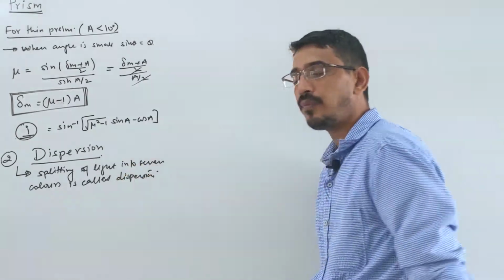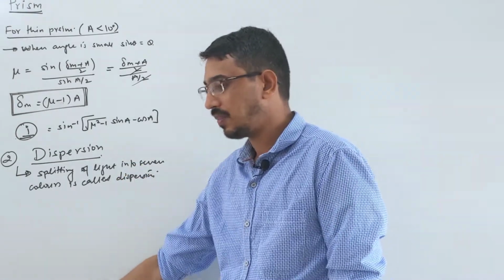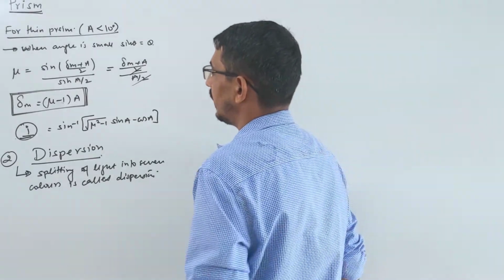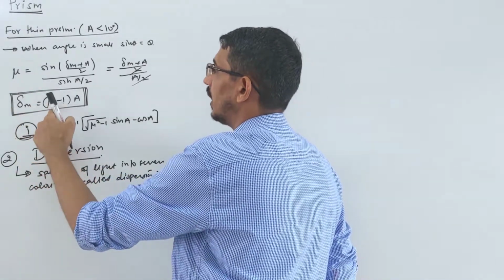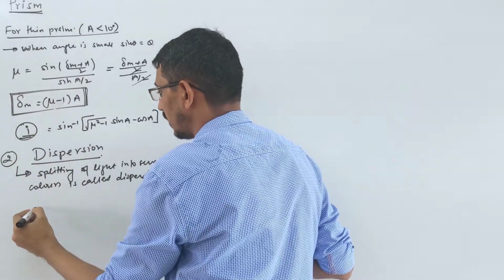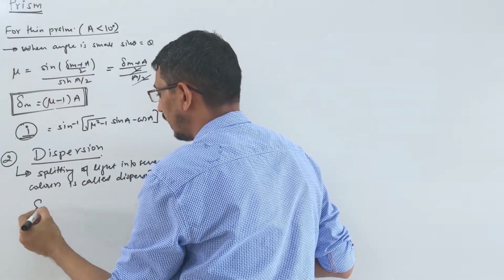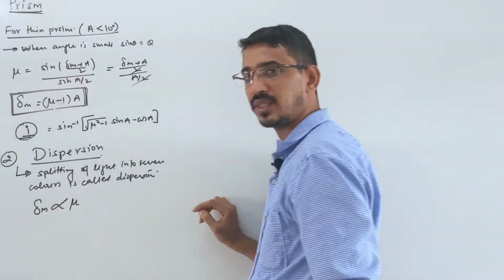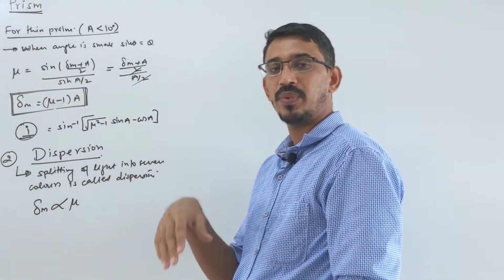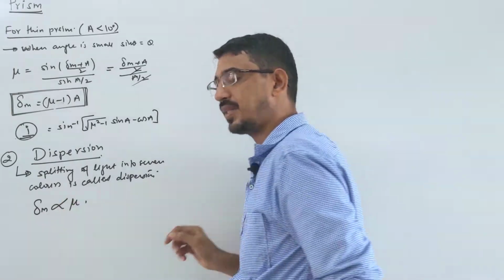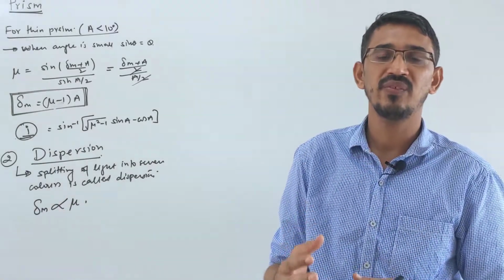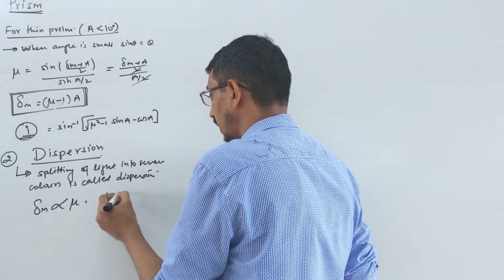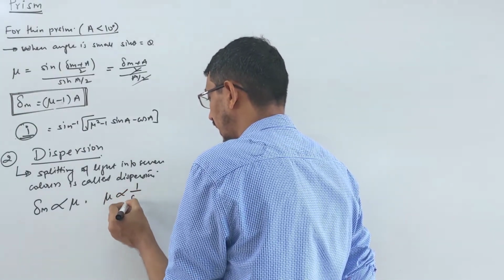Before I go to the numerical part, one small thing I want to tell you once more. Deviation and mu are directly proportional. Minimum deviation, or just deviation, is directly proportional to refractive index. In previous topics we learned that refractive index and focal length are inversely proportional: mu is inversely proportional to 1 by f.